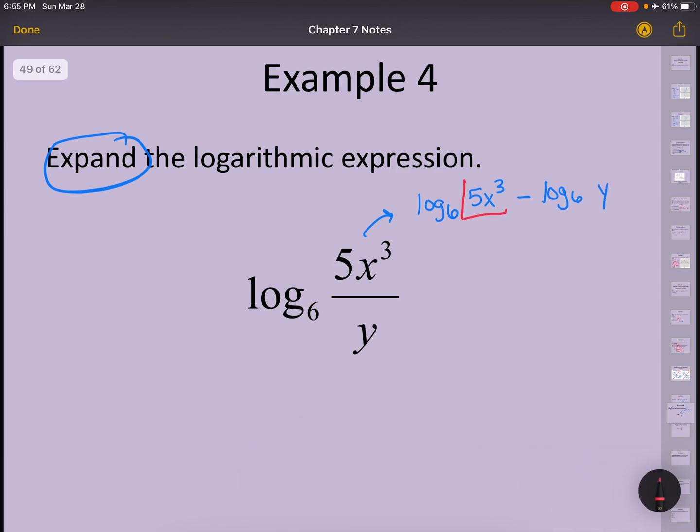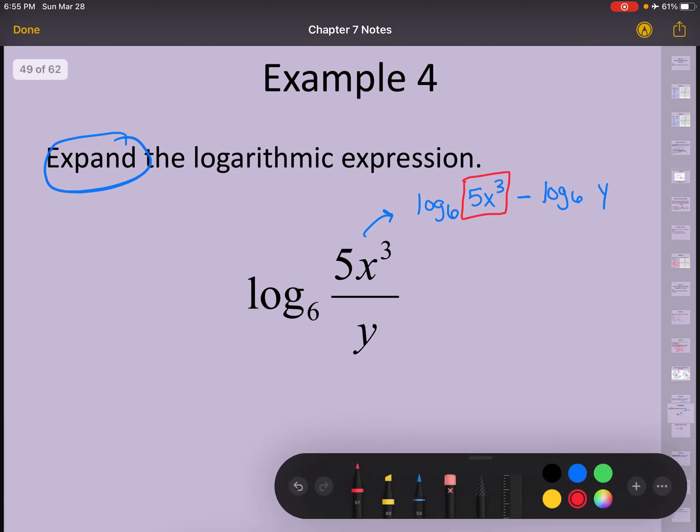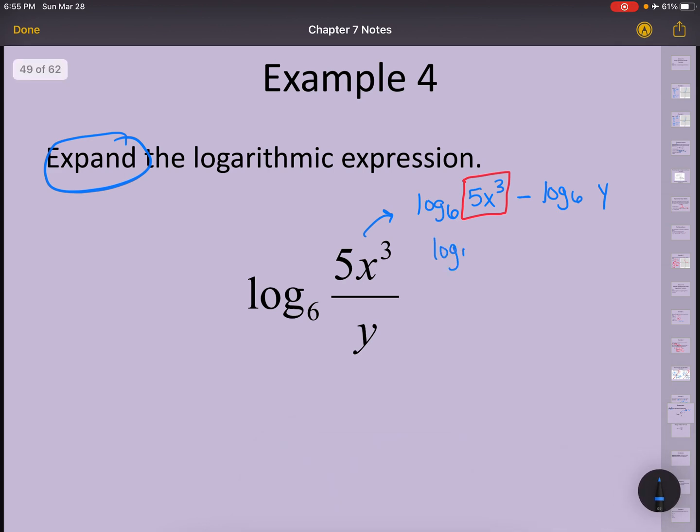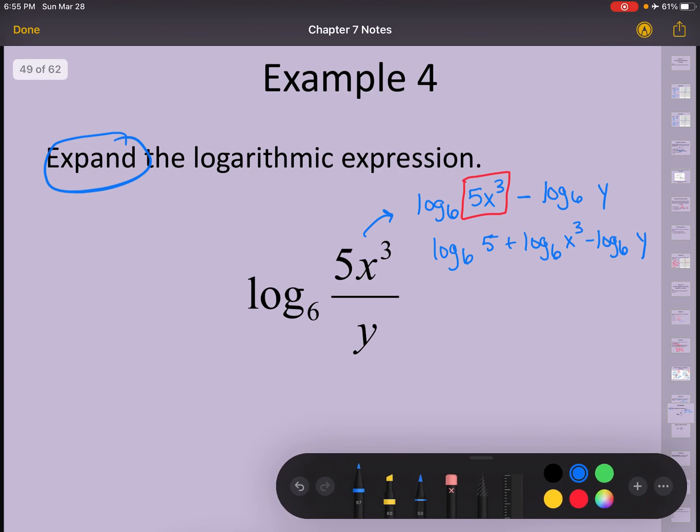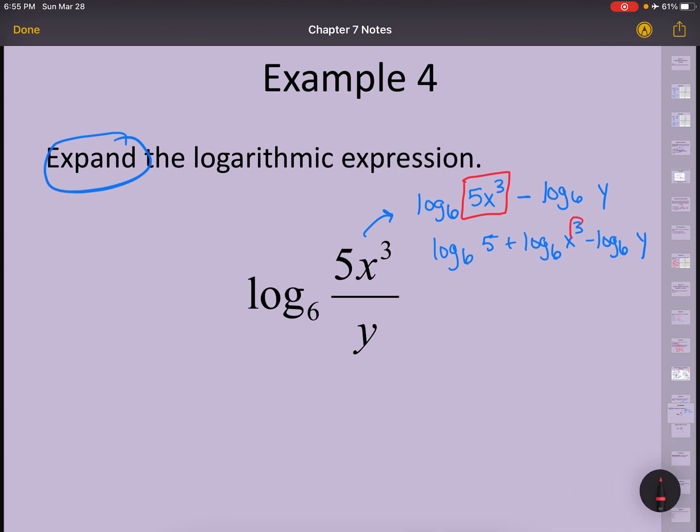And now I'm going to break apart my first logarithm. I could break that apart using addition, because those are being multiplied together. So log base 6 of 5 plus log base 6 of x cubed, and then minus what we didn't use, log base 6 of y. But one more thing, I can expand.